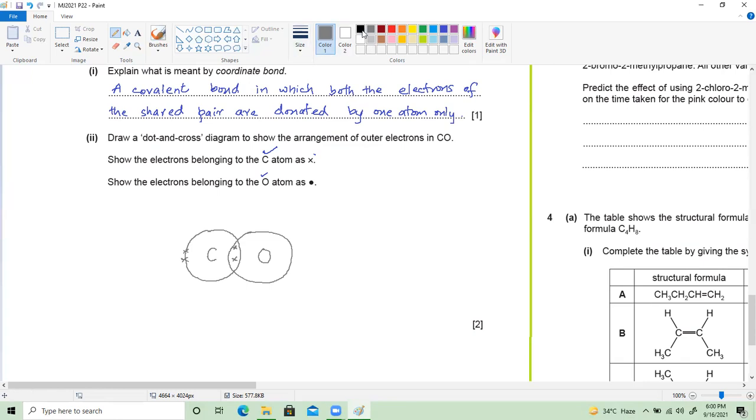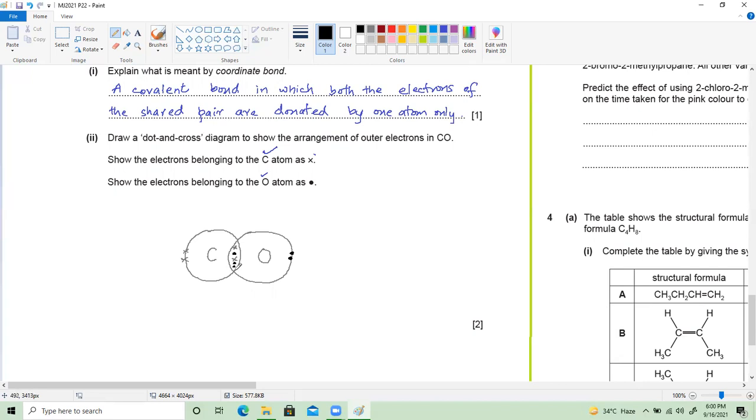Now the oxygen atom, it had 6 electrons of its own. You'll see that 2 of them will be shared here, with the 2 electrons from the carbon. And where would the 2 remaining electrons be given? They will also be shared.